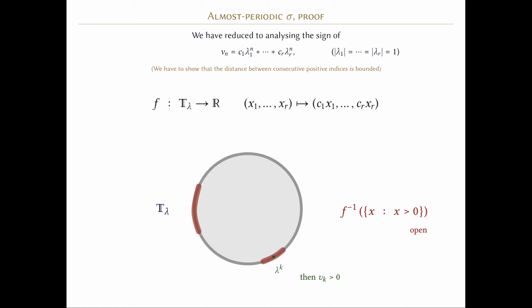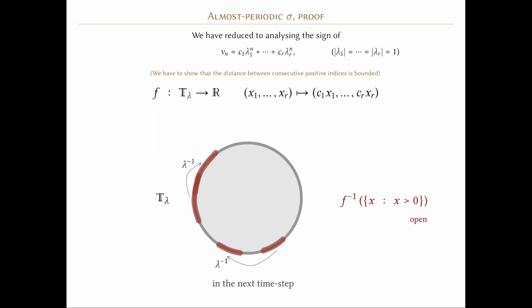And this set is an open set. So by retracting this set by lambda, we can obtain a second set of intervals here. These are the set of intervals such that if the powers of lambda land in there, then at the next step, they are going to land in the previous set of intervals, and that means that they will be positive in the next step.